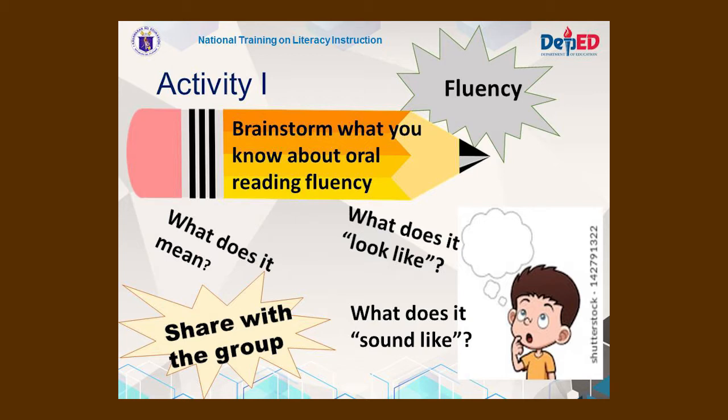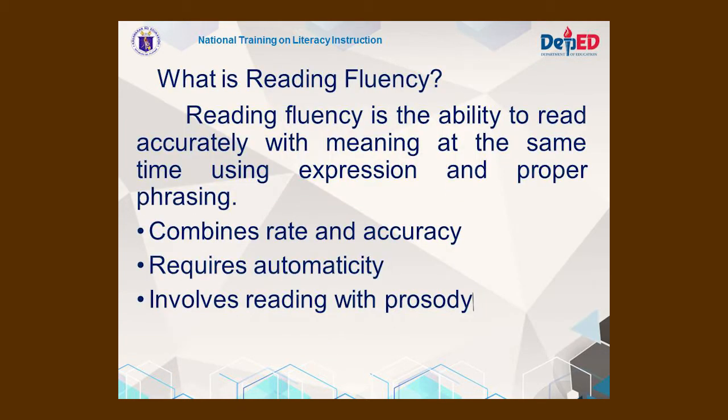Okay. So your outputs defined what reading fluency is. Reading fluency is the ability to read accurately with meaning, at the same time using expression and proper phrasing. Fluency combines rate and accuracy, requires automaticity, and involves reading with prosody.